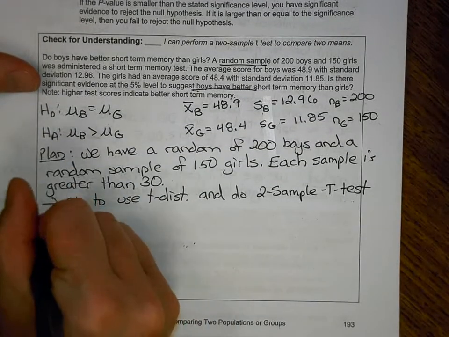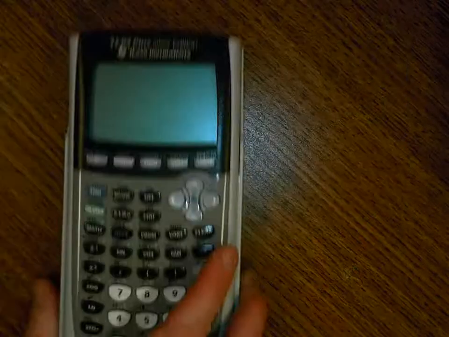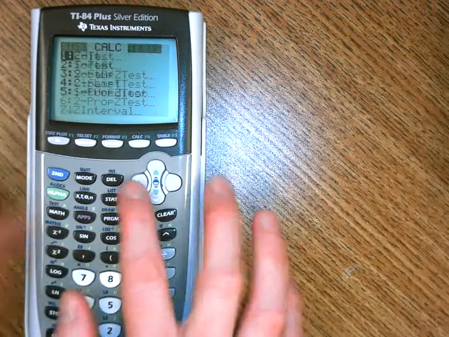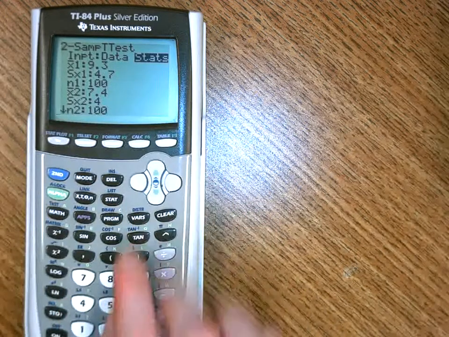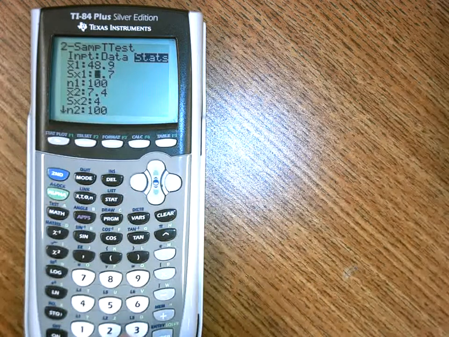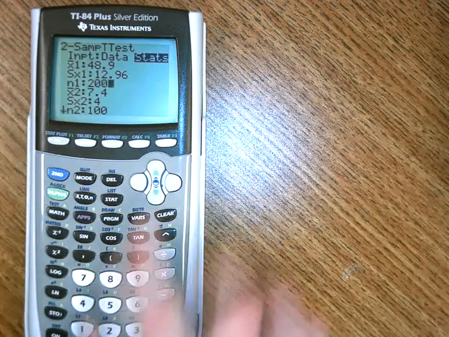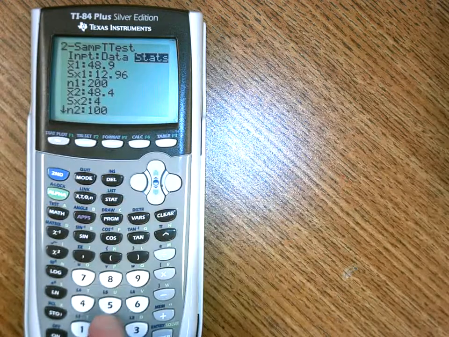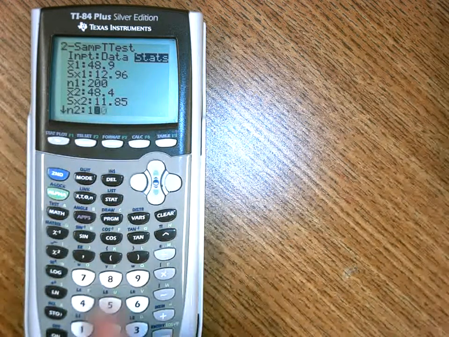We're going to jump to the calculator and get all our info in. So stat, test, 2-sample t-test. We have statistics: 48.9, 12.96, 200, 48.4, 11.85, and 150.